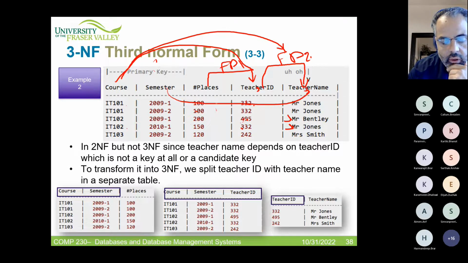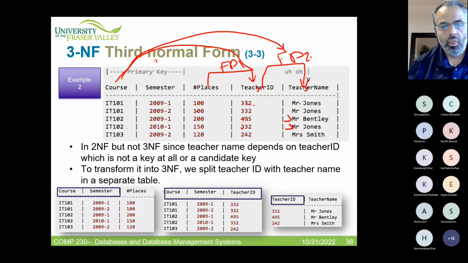Let's check this. Semester and teacher name. So 2019, Mr. Jones. 2019, Mr. Bentley. No dependency. So there is no part of the primary key that is related to a non-primary attribute. Only non-primary attributes are related to each other.